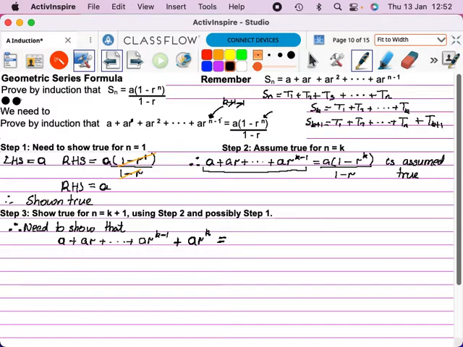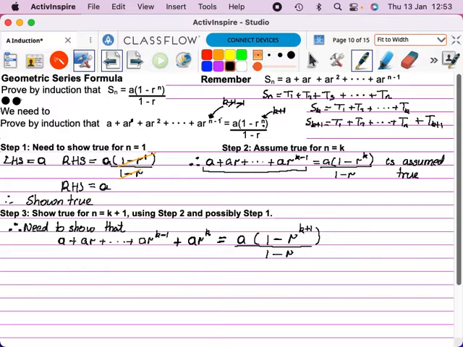What's the right-hand side going to be? Well, n only features in one place on the right-hand side. So we're going to replace the n now with k plus 1. So therefore we've got A open bracket 1 minus r, and the n is being replaced by the power k plus 1 close bracket all over 1 minus r.